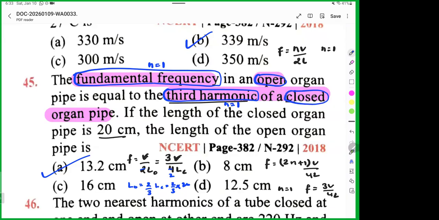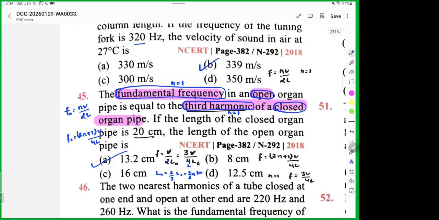You will apply open and close formula using n value equal to 1 and you will get the answer. Make sense? You will use two formulas. In open, it will be nV by 2L, and in close, (2n plus 1)V by 4L. You will put n value, you will get the answer. And both are equal.